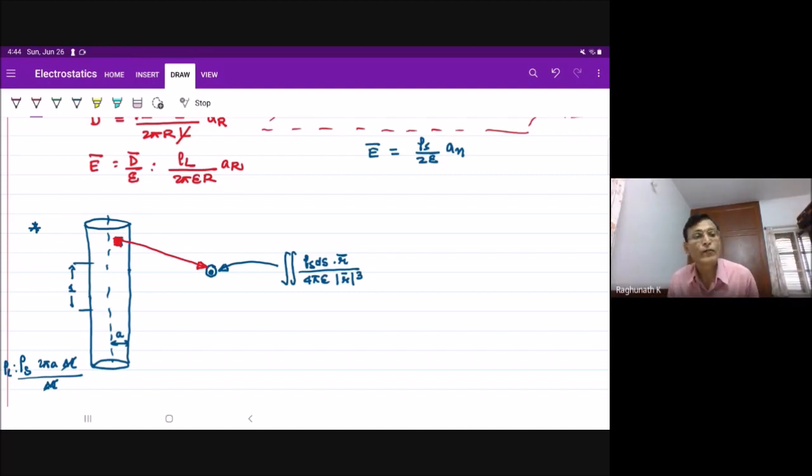That means I should be in a position to mathematically write the vector from any general point on this cylinder to the point of observation where I want to determine the field quantity. It is not possible.